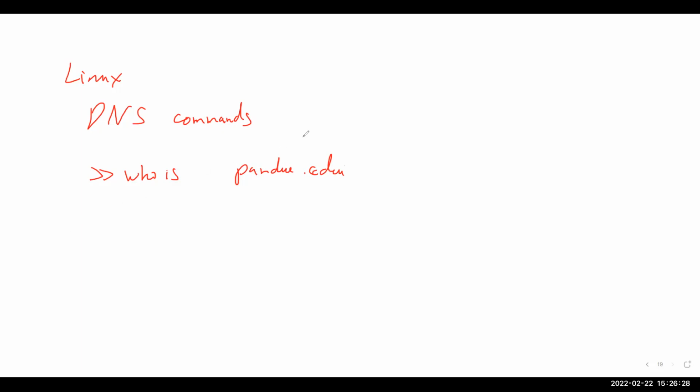Now, another thing to consider is that DNS listens on port 53, right? And apparently it's got 53 UDP and TCP. Okay. If you want to determine if bind is running, this is something that you should be able to do now.